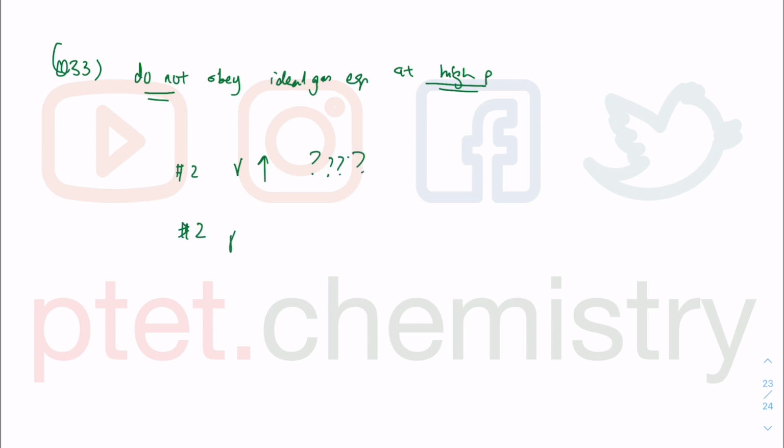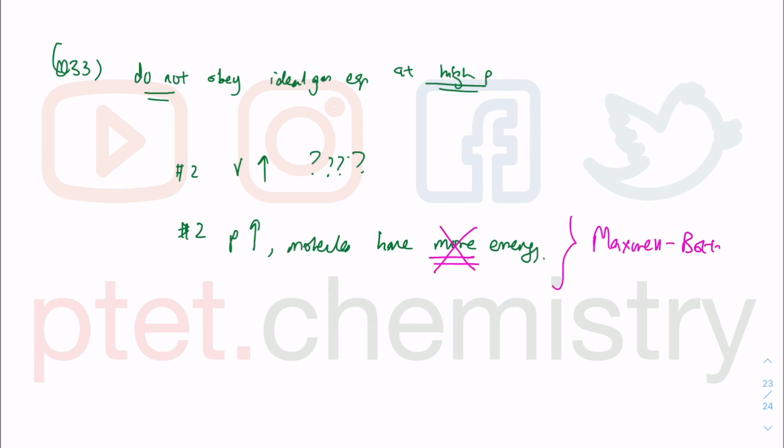Option 1 says as pressure increases, molecules have more energy. So sometimes I do not always have to check number 2 first. I can tell you something is wrong with number 1. More energy? Okay, your Maxwell-Boltzmann distribution diagram is an energy distribution diagram. Your graph only changes its shape when temperature changes.